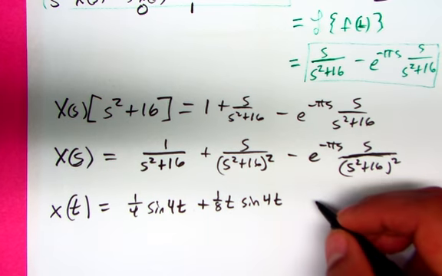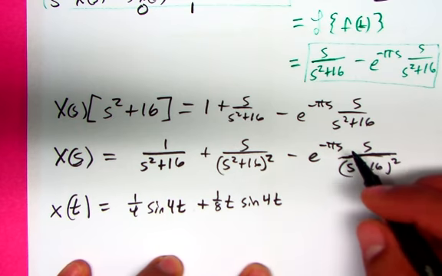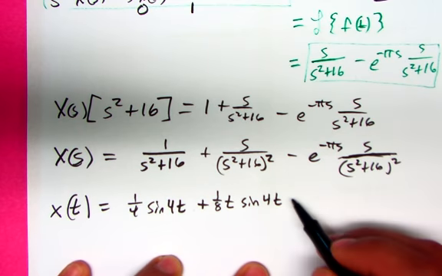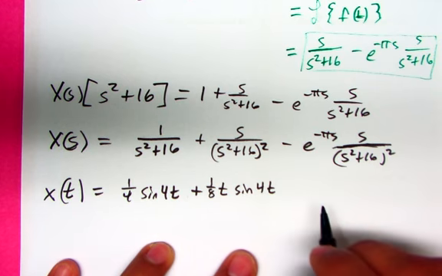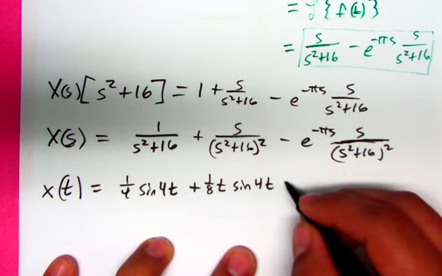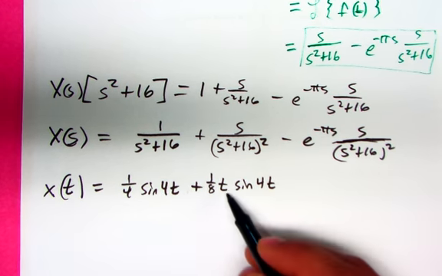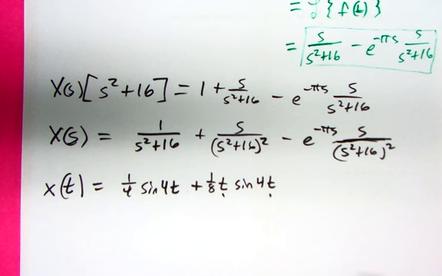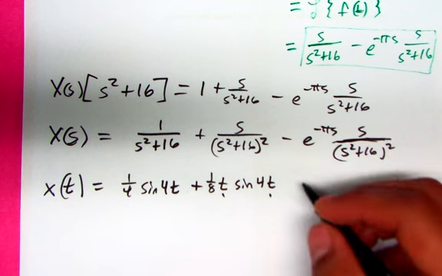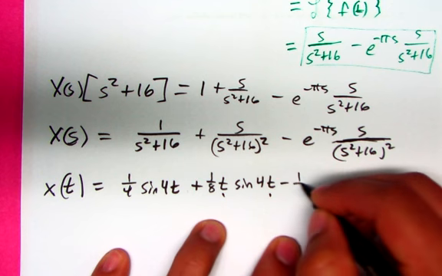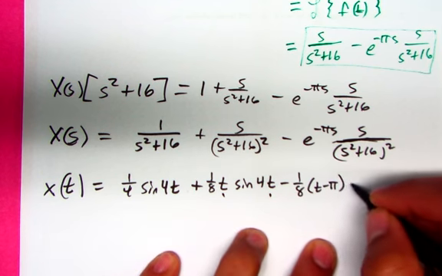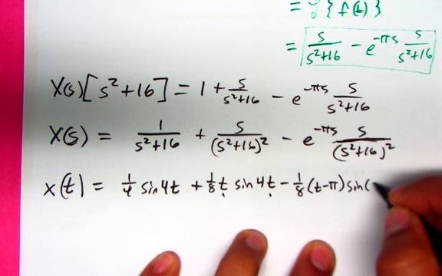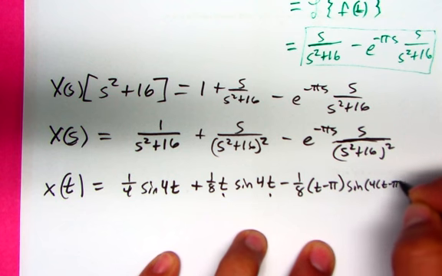And now here, when we do the transform of the second part here, using the inverse of the second translation theorem, it's going to be the same thing, but all these inputs get replaced with what? t minus pi. So now we're going to have minus 1/8 times (t minus pi) sine of 4 times (t minus pi).